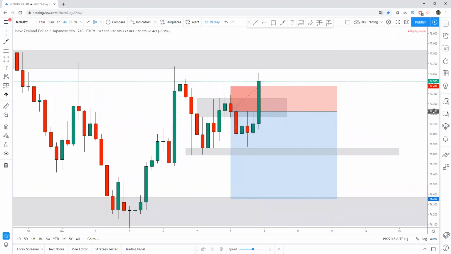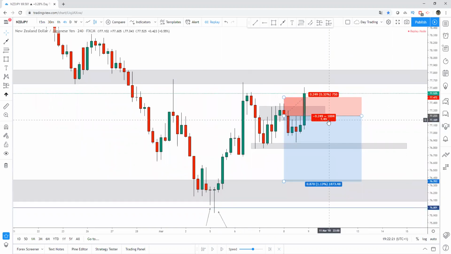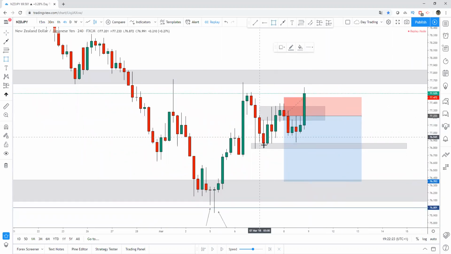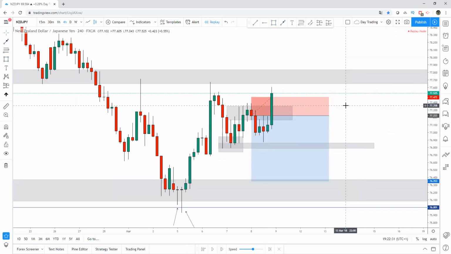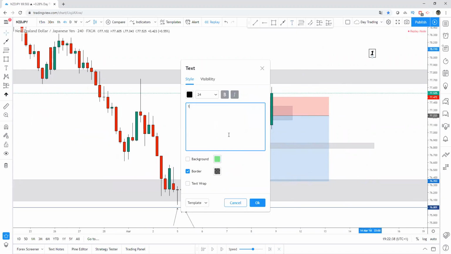But you see, the overall trend on the 4-hourly was bullish. This was a higher low, and we didn't have any higher low invalidated for a sell. That was our mistake here. And yep, we stay systematic. We have 1 loss.